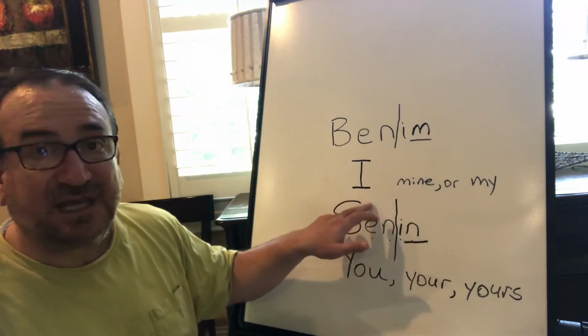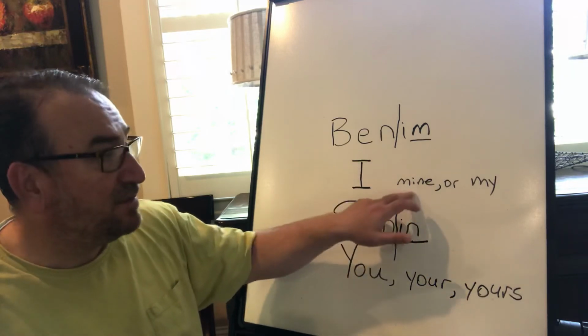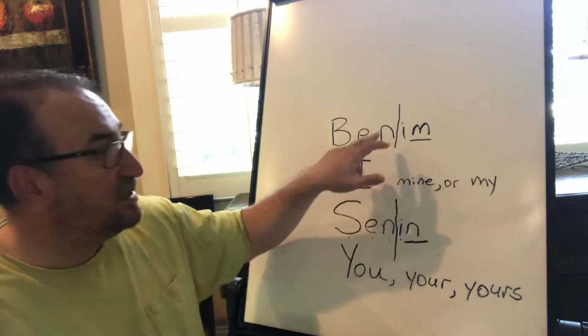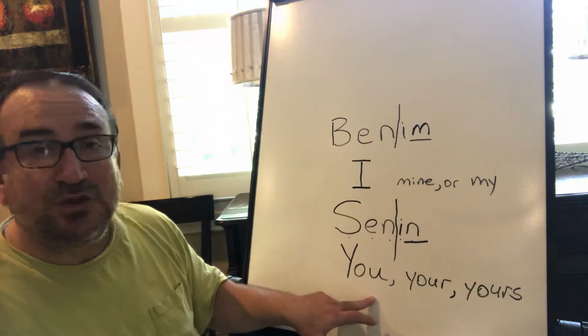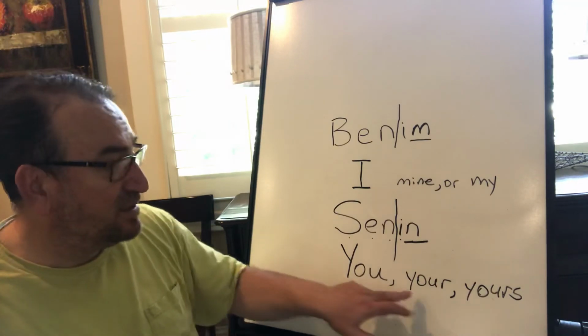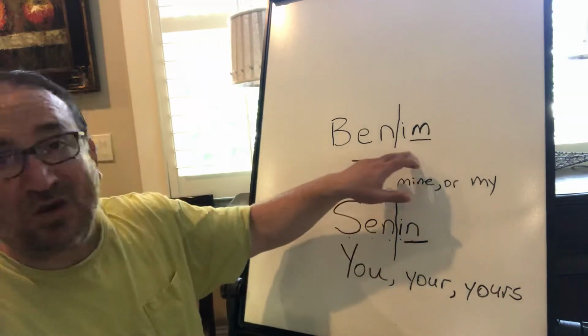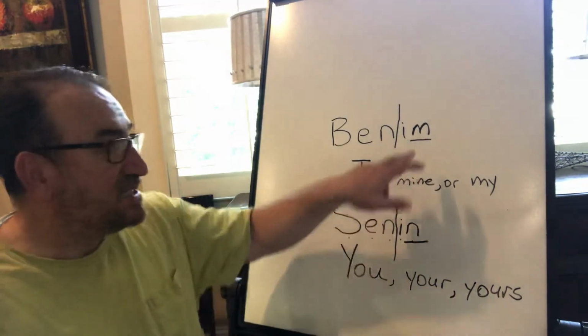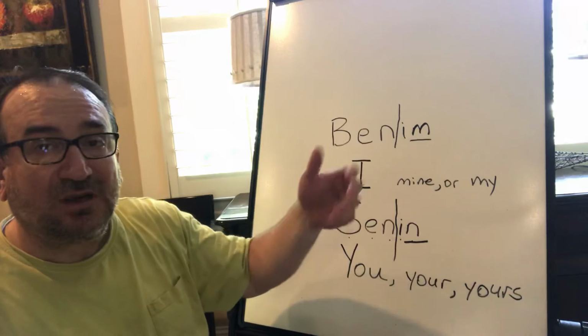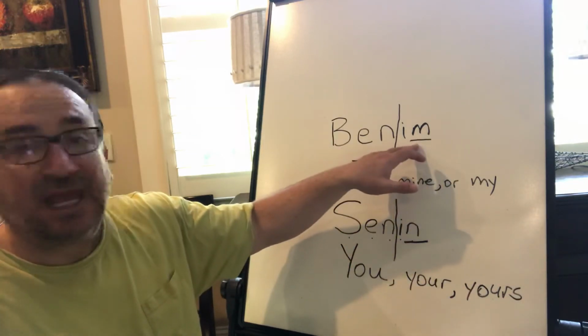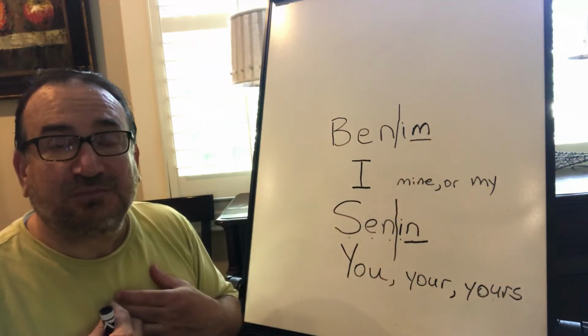We know how to say I, ben, mine or my, benim, you, sen, your or yours, senin. And we know a word, a verb or a name, gets an M at the end, it makes it belong to me.